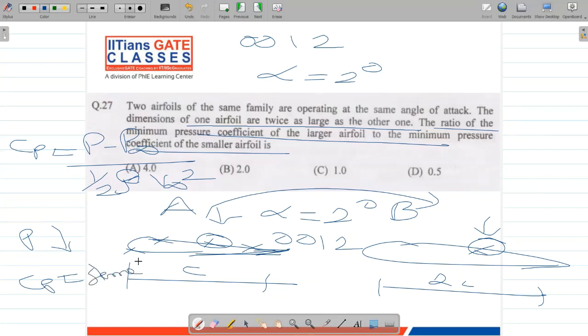That is the beauty of these non-dimensional numbers: as long as you keep the other non-dimensional numbers like Reynolds number, Mach number, and angle of attack the same, the actual values, like pressure and lift, will be different, but their non-dimensional values will be the same. So even in these two cases, though the locations where the Cp minimum occurs will be different, their values will be one and the same. So the ratio will be exactly equal to 1, which is option C.